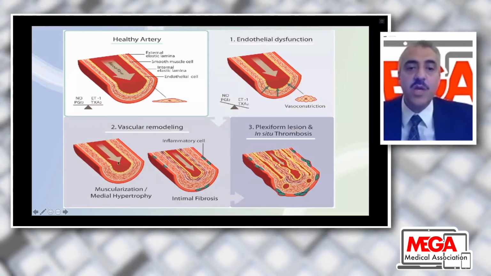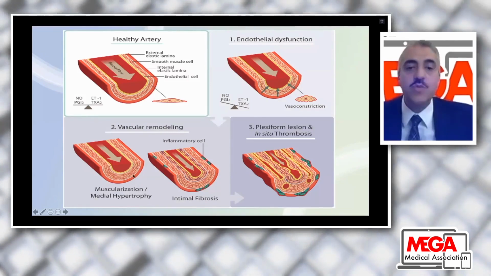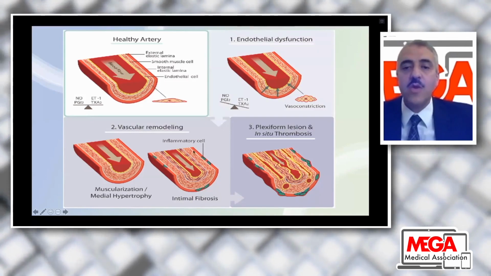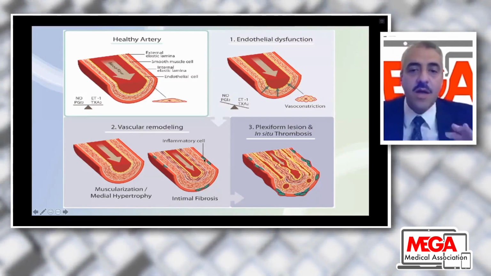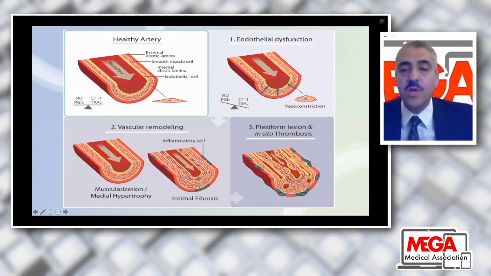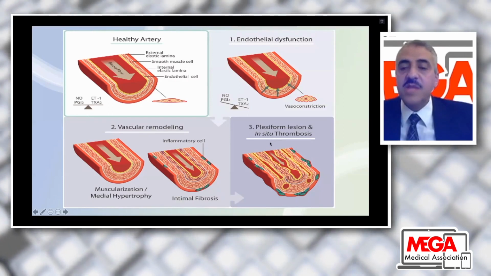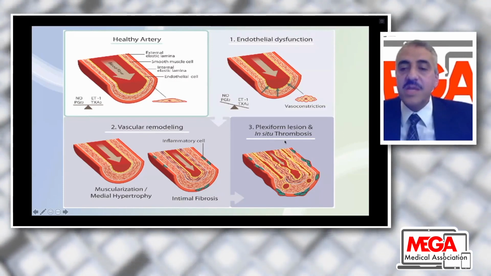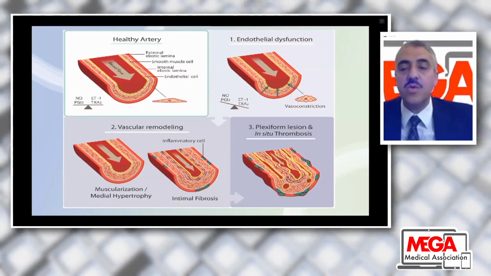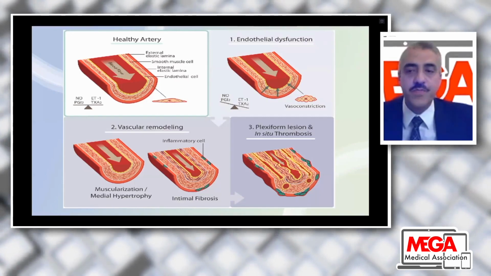The second stage is vascular remodeling, in which there is muscularization or hypertrophy of the smooth muscle of the arterioles, and also deposition of inflammatory cells in the wall of the arteriole. At the end, there is thrombosis inside the pulmonary vessels, and this concludes the pathophysiology of pulmonary hypertension.